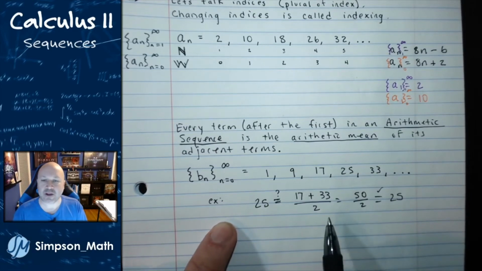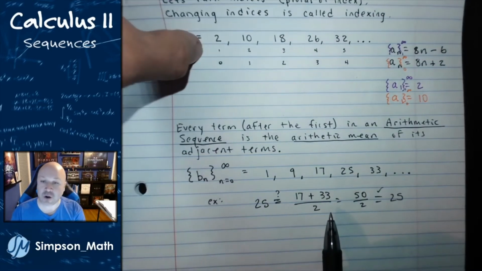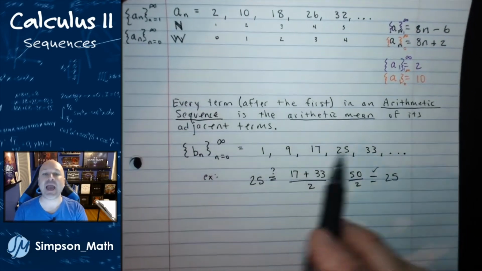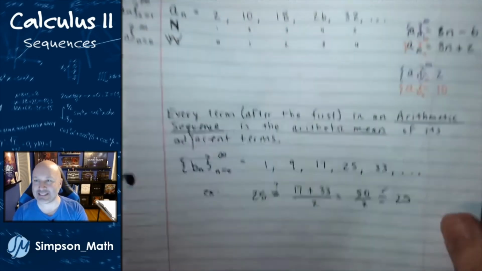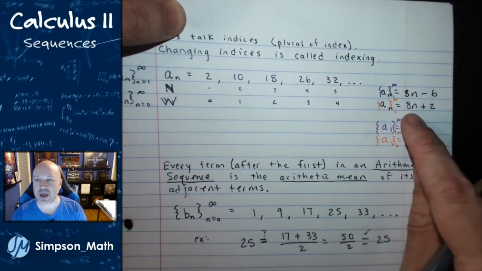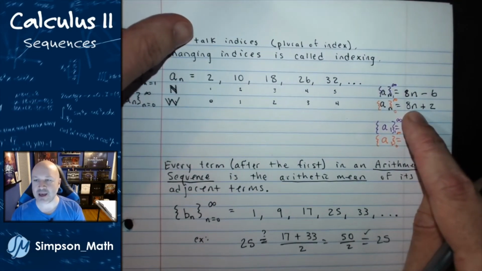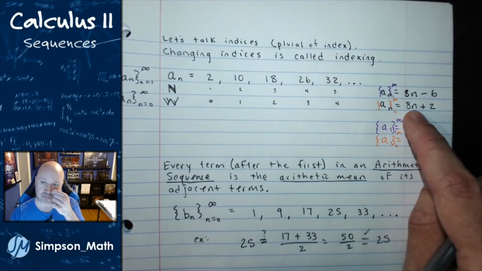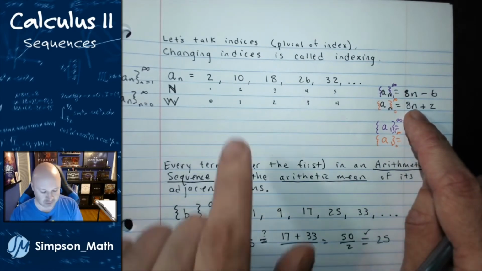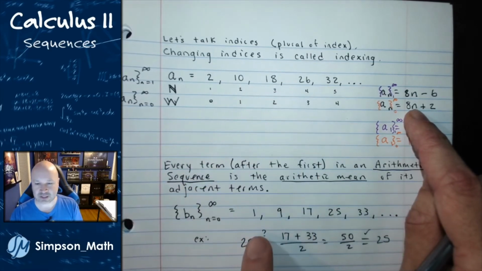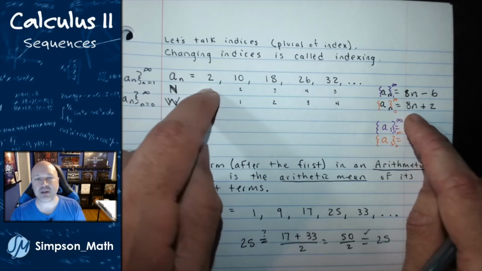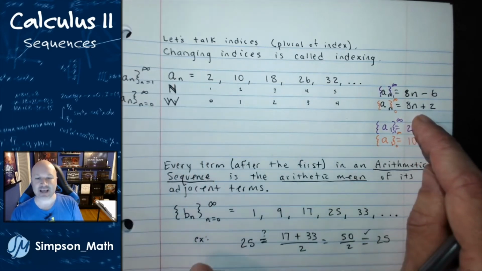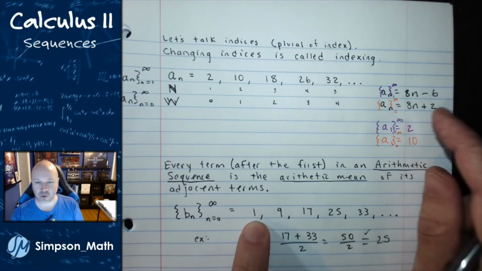Cool. All right, now if I want to come up with a closed form of an arithmetic sequence, and the index starts at 0, I claim it's going to be quite easy, because all you do is multiply by that difference. The difference here was 8. The difference here is also 8. So it's going to be 8 times n plus that initial value 1.